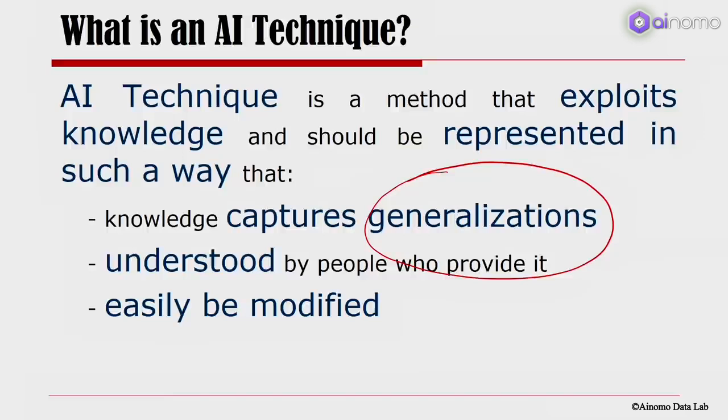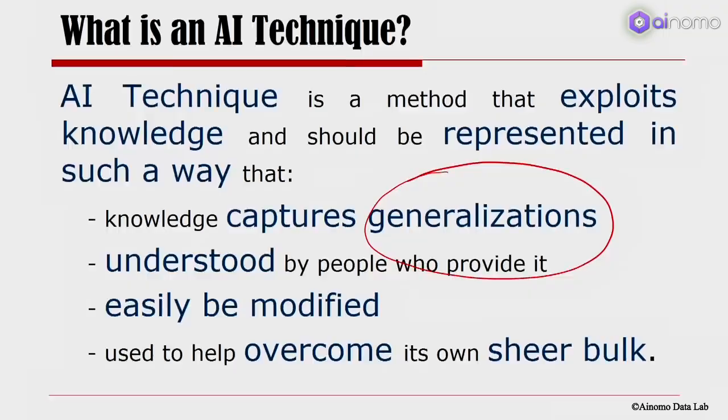And this new knowledge should be created from existing knowledge by very simple operations. This, I think, is what drives an AI technique. An AI technique is therefore these three things, used to help overcome the sheer bulk that is required.